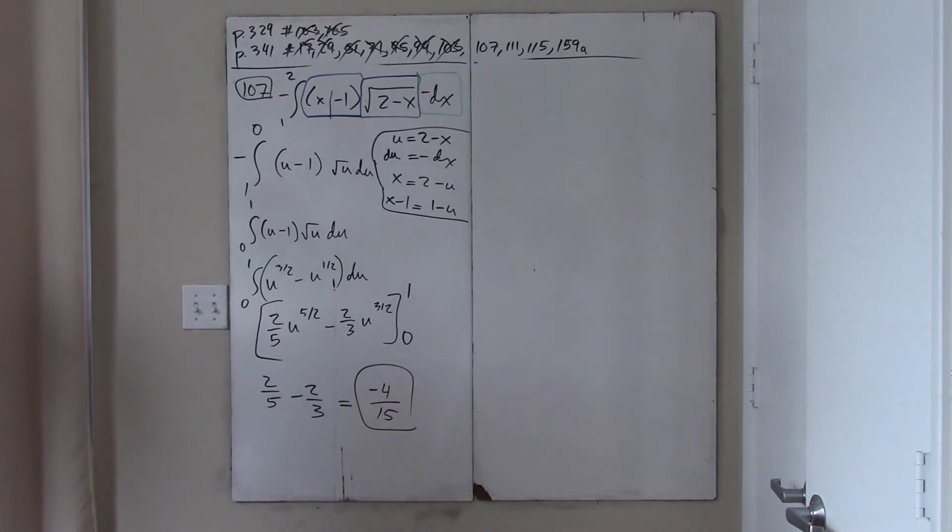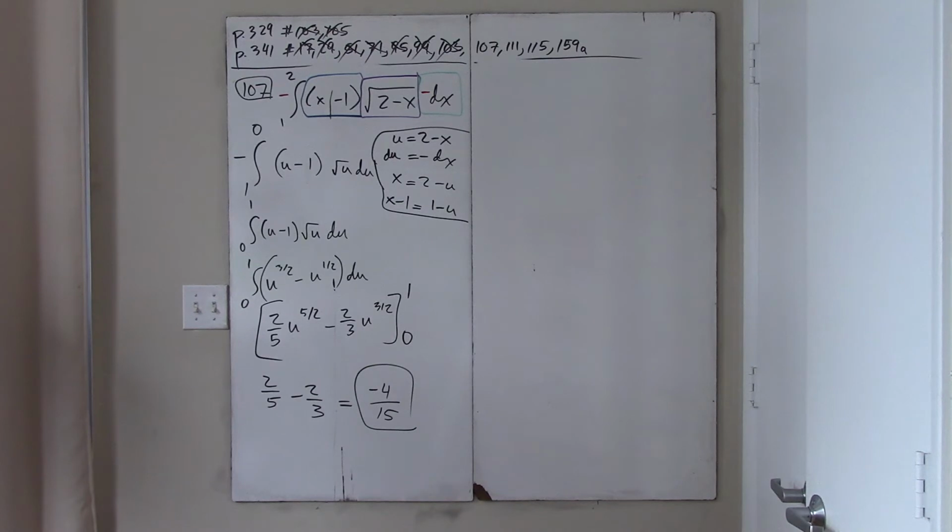The integral from 1 to 2 of x minus 1. I don't see a mistake. 2/5 u to the 5/2 minus 2/3 u to the 3/2. 2/5 minus 2/3 is definitely... I just don't know.